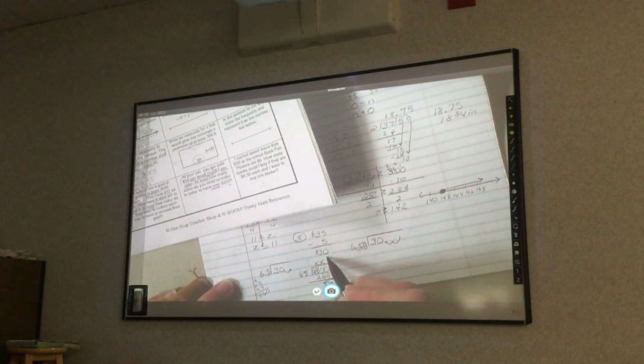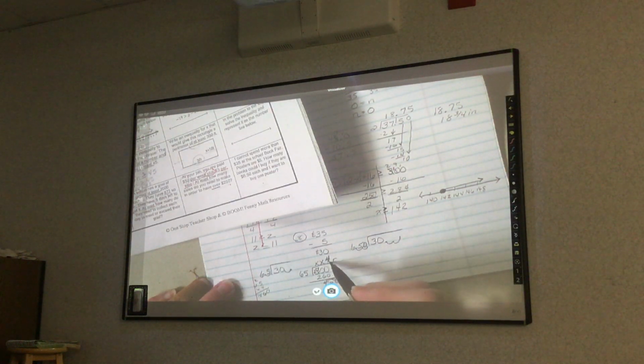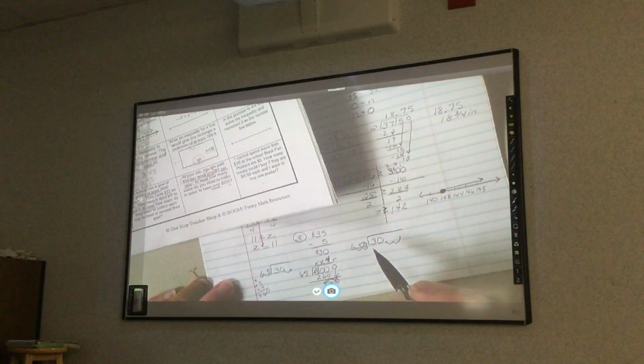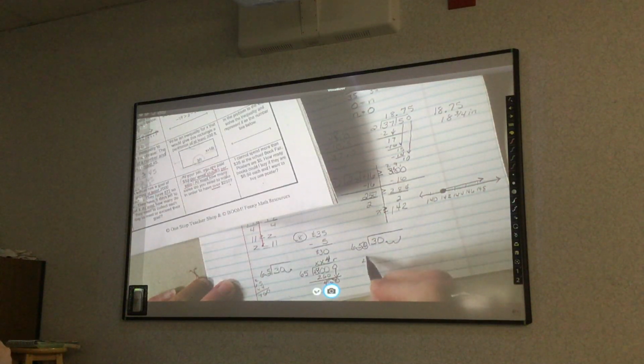I'm going to have a remainder, correct? I can only buy whole books. So is my number of books going to be 4 or 5? 4, because I'll have just a little bit of money left over. So I can purchase 4 books and the 1 poster.